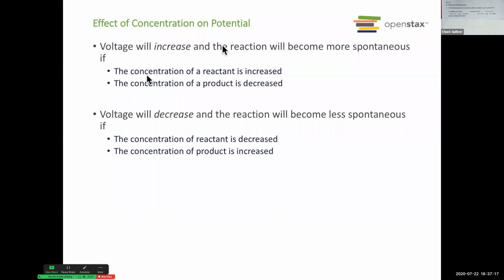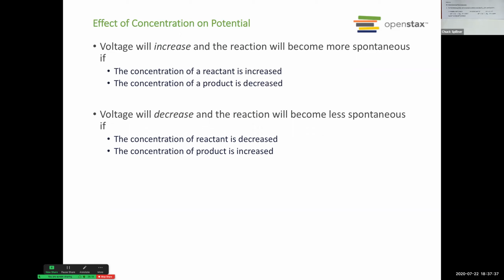Think of Le Chatelier's principle: if you increase the concentration of reactants or decrease the concentration of products, the reaction is going to go forward, so the voltage will increase.